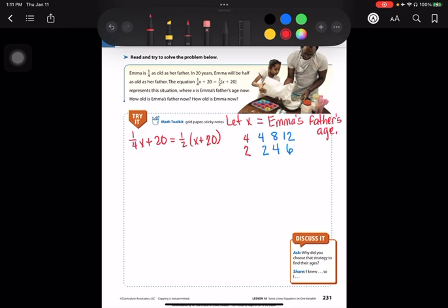So we look at the factors to find the least common denominator, and the smallest number they both have in common is 4. So 4 is the least common denominator. So I want to multiply both sides of the equation by 4 in order to get rid of those fractions, okay? So I have to multiply this side by 4, the entire quantity, and the other side of the equation by 4.